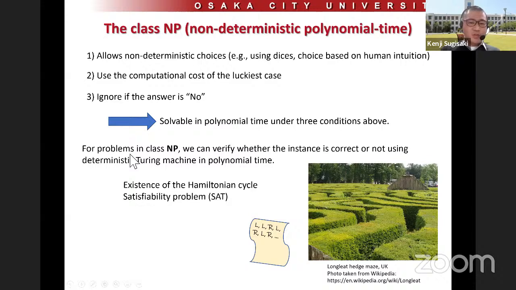And for a problem in class NP, we can verify whether the answer is correct or not using a deterministic machine in polynomial time. So in this case, if you have this kind of paper, you can verify whether this is correct or not using polynomial time, just by following it.